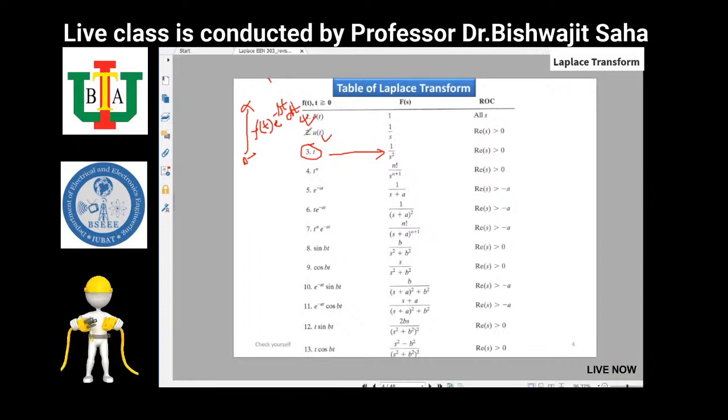If you want to consider number 2, just write 0 minus to infinity t u of t, and u of t means 1, right? What does it mean, u of t? Yes, sir, 1, because it's the unit step function. So this is the formula. From there, just do integration.